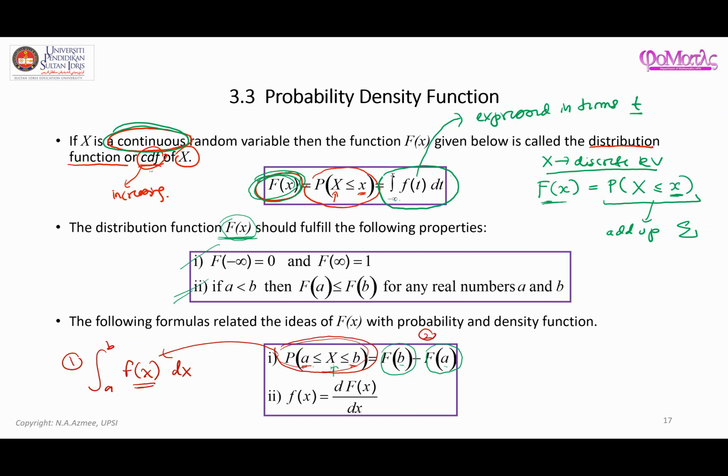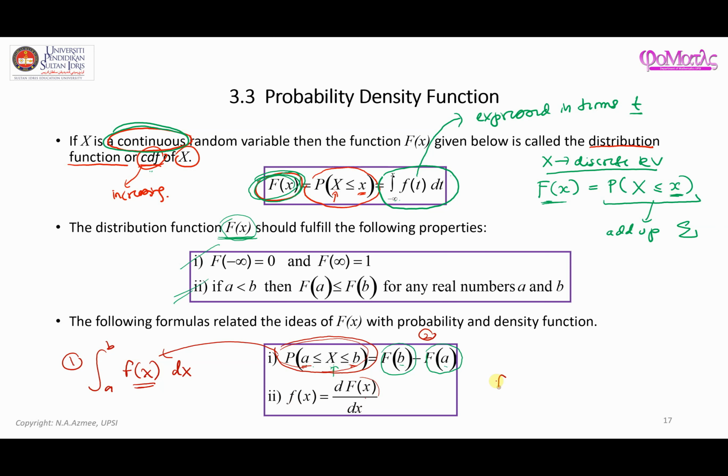Now let's say you have been given the CDF and you want to find the probability density function, the PDF. What you can do is differentiate the function and you will get f of x. Let me write it in a simple form.